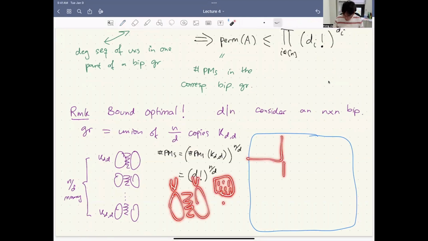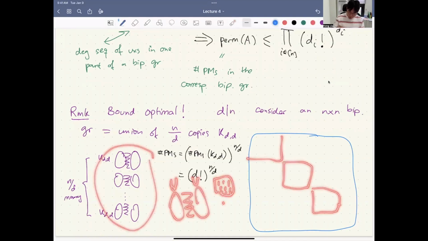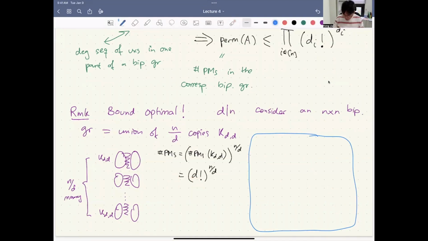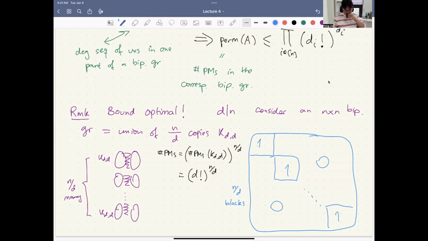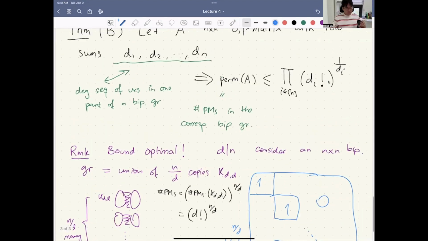And we have a block construction here because you take disjoint copies, so it looks something like this. You have n over d blocks, and here are all-one matrices. The other part is 0. Okay, this bound is optimal.